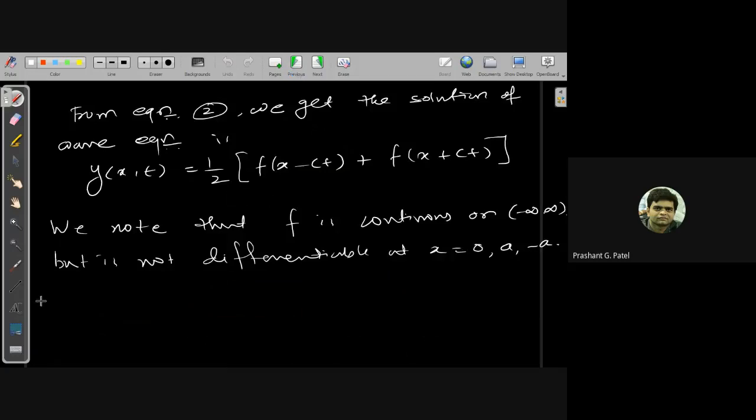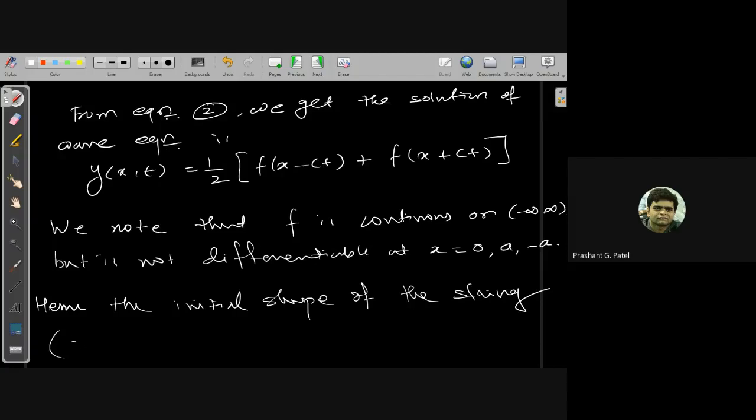So hence, the initial strip or shape of the string, see figure 1.